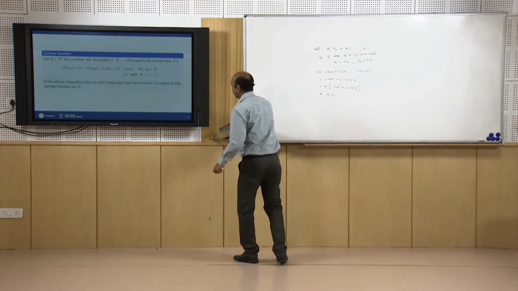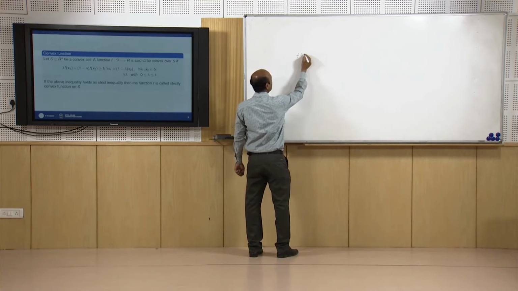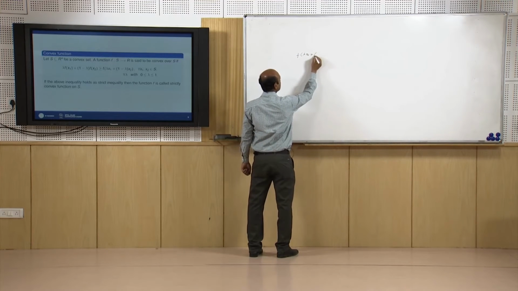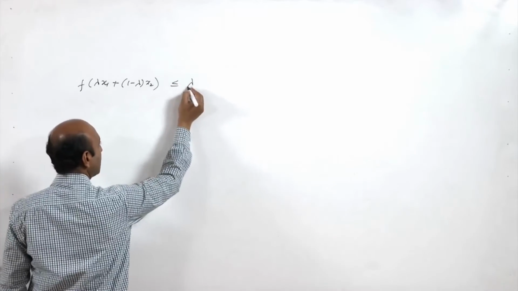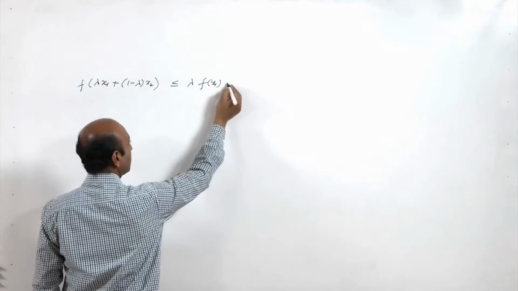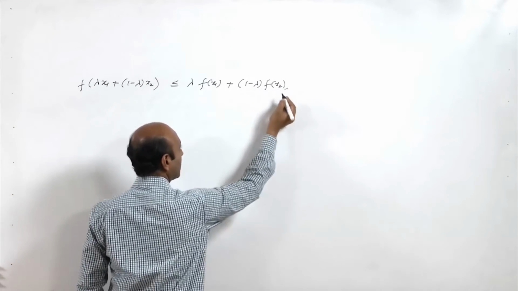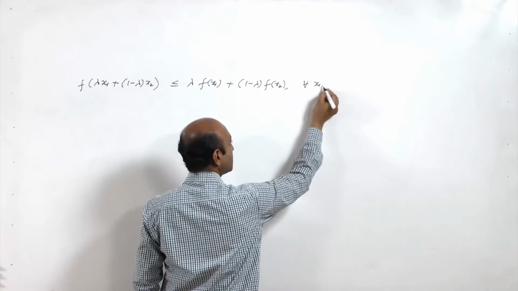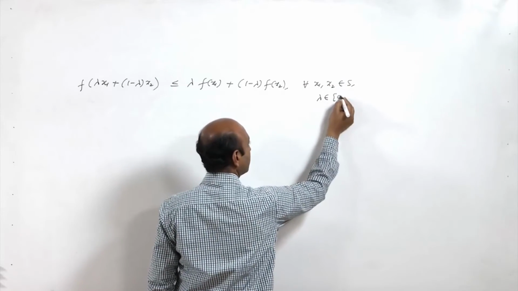So, what does it mean? Let us see. This definition means f of lambda x1 plus 1 minus lambda x2 is less than or equal to lambda f x1 plus 1 minus lambda f x2, for all x1, x2 in S and lambda between 0 and 1.